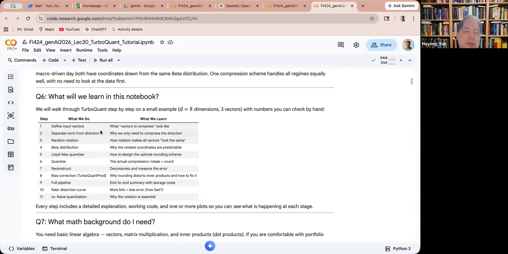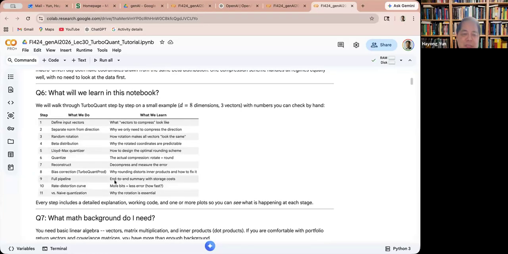So what we'll do is first define the vector and then separate the norm from the direction, meaning the magnitude, and then the random rotation. We'll talk a little bit about what this beta distribution is and how it looks, and then the Lloyd-Max quantizer, meaning how to design an optimal rounding scheme, quantize for actual compression, reconstruct, meaning decompress, and measure the error. Then there's some error in the inner product, and we see why and how to fix it.